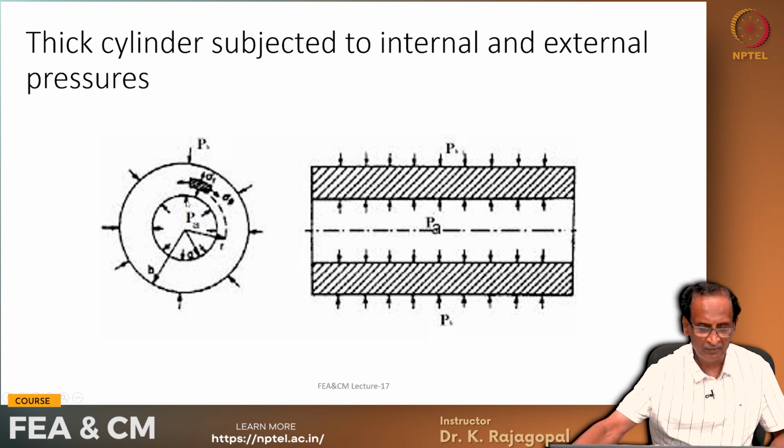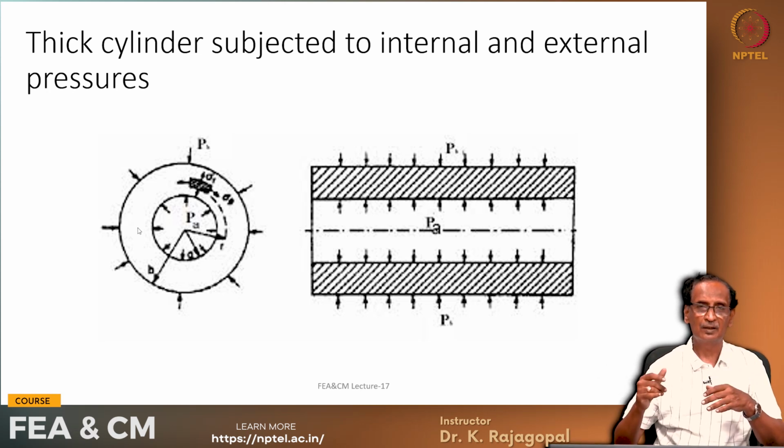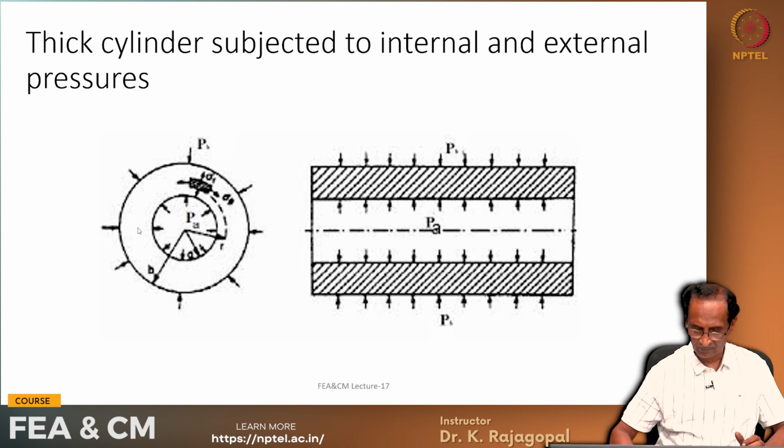At this point it is acting vertically up, whereas at this point it is acting horizontally to the right, and here it is acting down, whereas here it is acting horizontally to the left. Our cosine alpha and sine alpha terms help us do these calculations automatically.